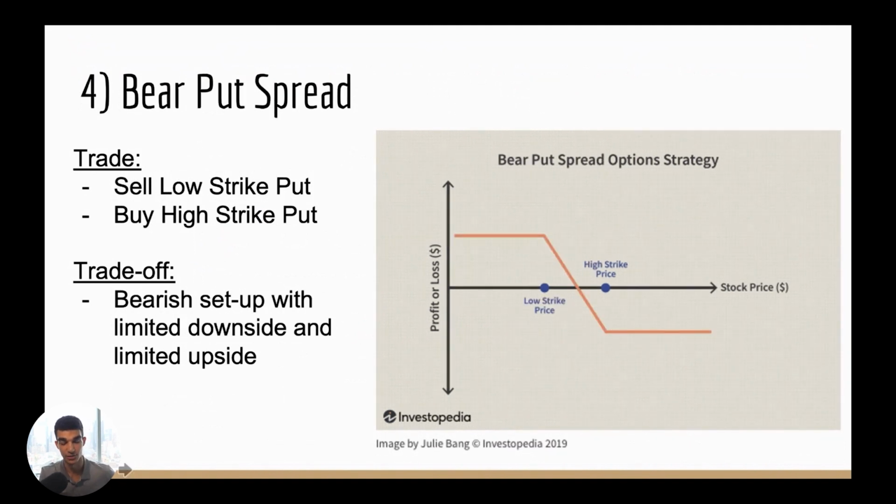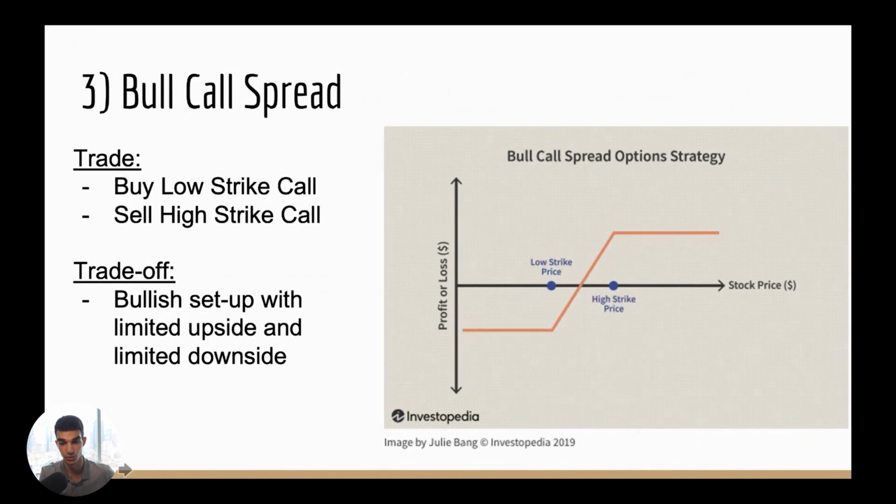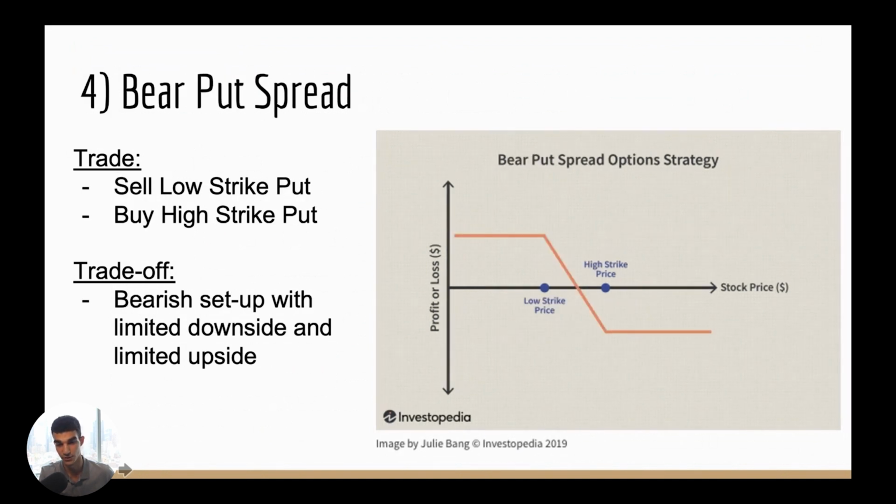Now, the last strategy, the bear put spread, which is similar to this one, the inverse of it, but it's only made through put options. So here you are selling a low strike put option and you are buying a high strike put option.